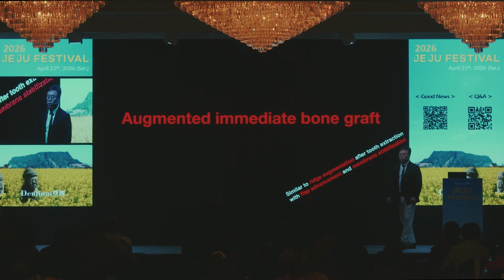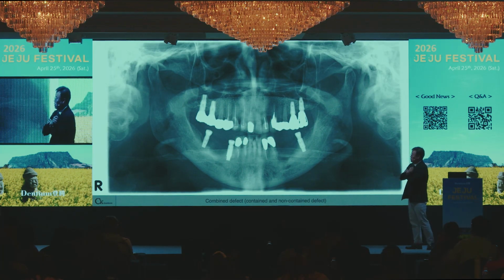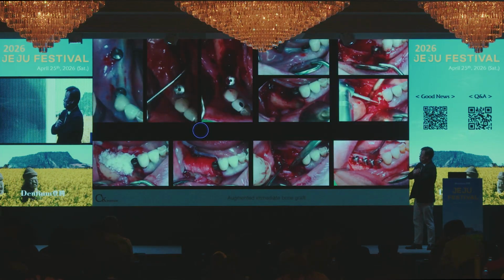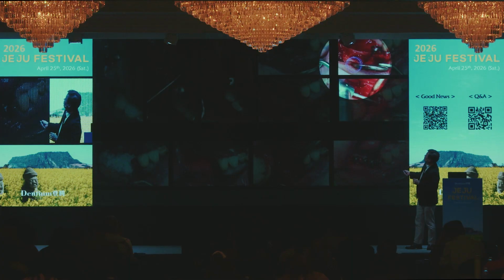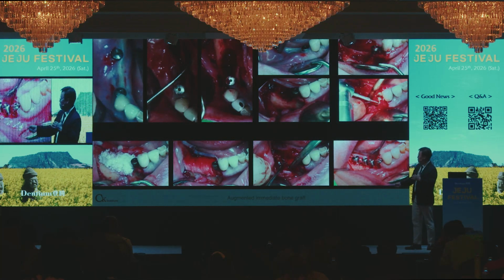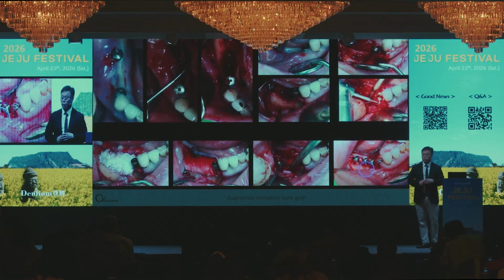This is augmented immediate bone graft, just like ridge augmentation after tooth extraction. In this case, we had to remove this implant and found that some part is containable and some part is not containable. So you apply the bone graft and the membrane stabilization and place the implant after 10 months.